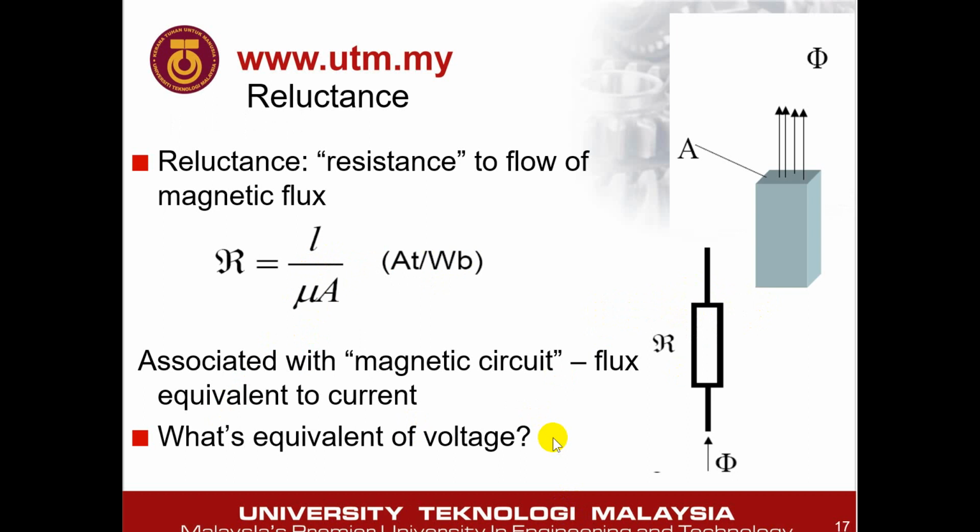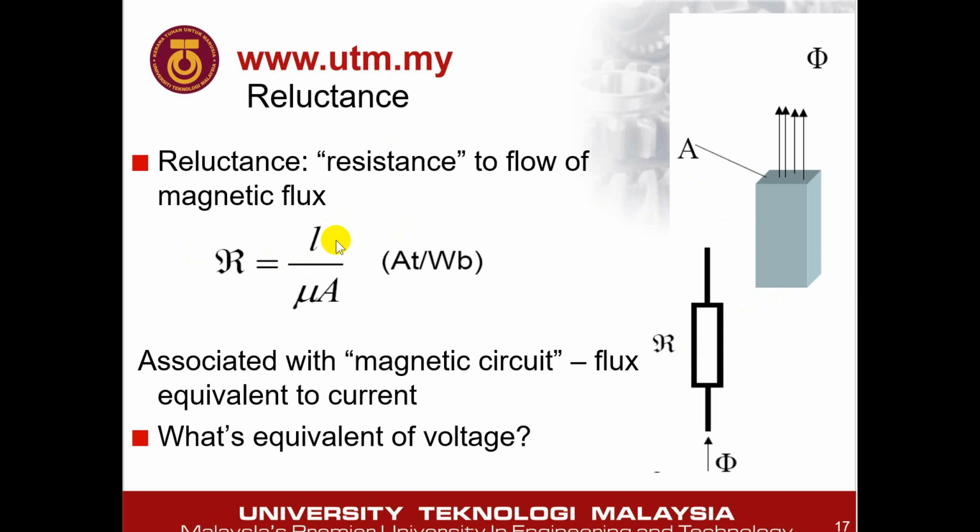Another thing you have to know is the reluctance. In an electrical circuit there is resistance, but for a magnetic circuit there is reluctance. They are almost the same. For an electrical circuit you have current, but for a magnetic circuit you have flux. Flux represents current, and the resistance for the magnetic circuit is called reluctance.